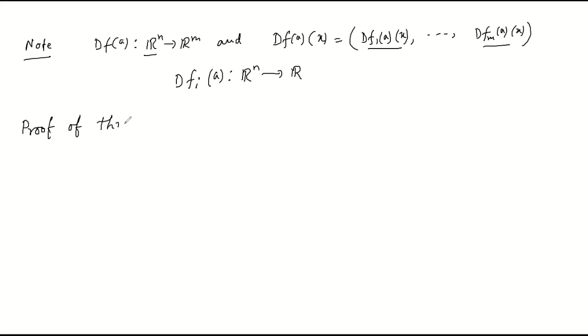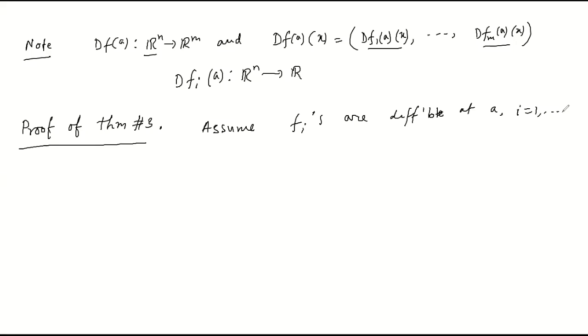Okay, so now we prove theorem 3. There are two parts. First we assume that the component functions are differentiable at a, then we show that the function f is differentiable at a. So assume that the fi are differentiable at a for i equal to 1 to m, and define t equal to df1 at a, and so on, dfm at a.